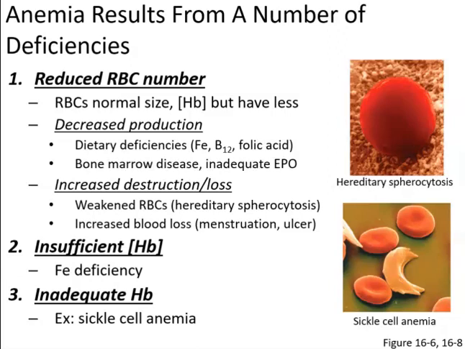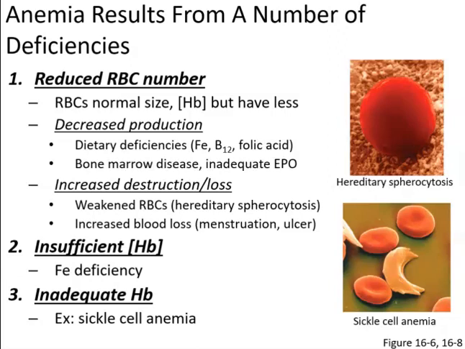Other conditions that could cause a decreased production of red blood cells include bone marrow disease, where progenitor cells that turn into red blood cells could be decreased, and an inadequate amount of erythropoietin. Reduced red blood cell number could also be due to an increased destruction or loss of red blood cells.